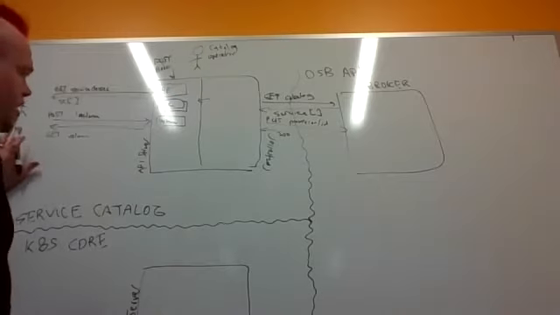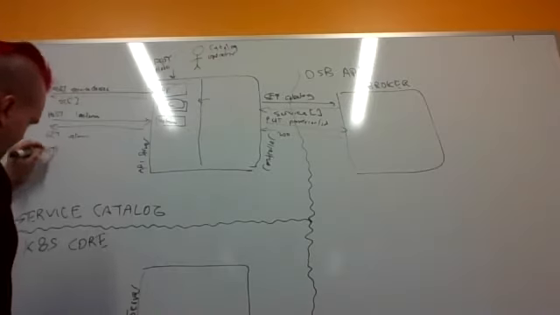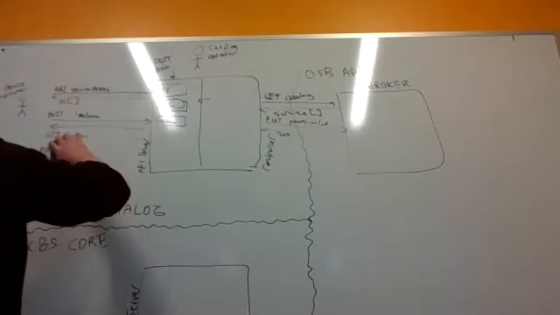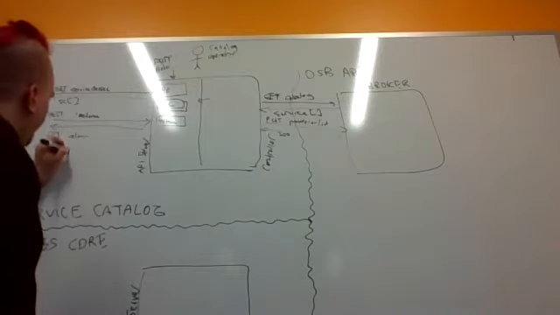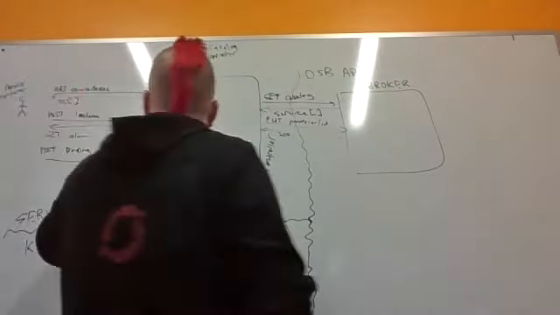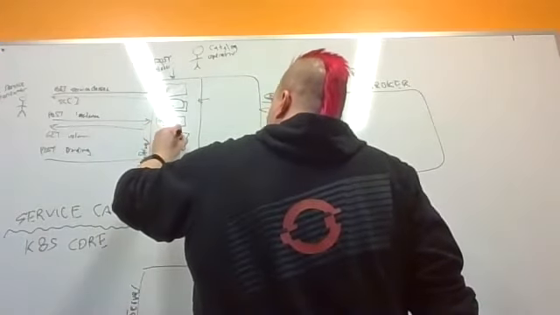But I want to use it in my application. So that's where the binding resource comes in. The service consumer posts a binding into the API server. It gets persisted.